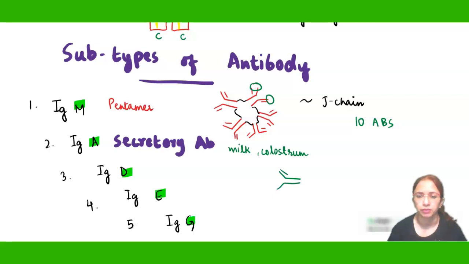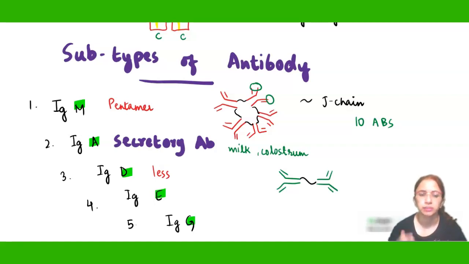It's a dimer. When I say it's a dimer, that means 2 monomers of antibodies are to be drawn and they will be connected to each other with the help of J chain. IgD is less in our body, and this is one which is related to the allergic reactions. Right?